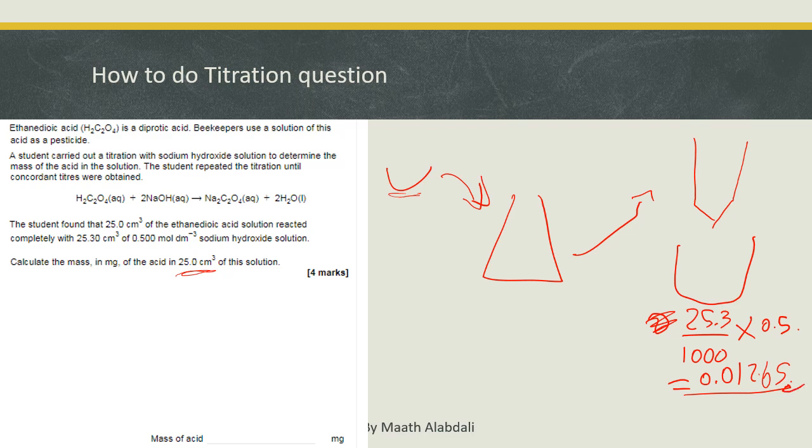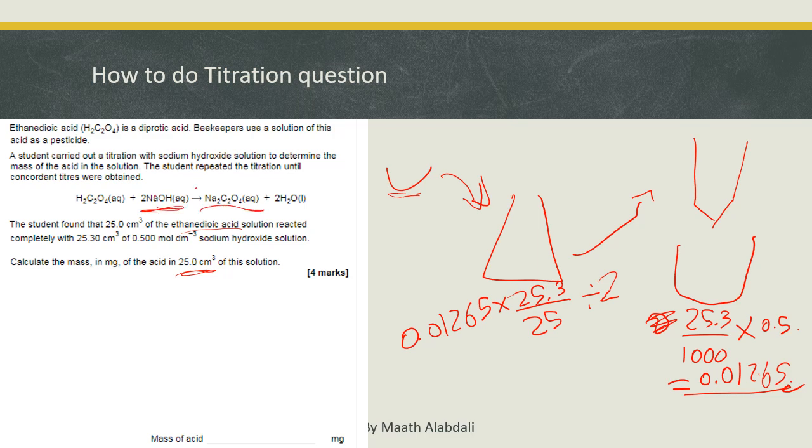And then if you want to find out the mole of ethanoic acid, you have to multiply this, 0.01265, times that by 25.3, divide that by 25, and then you have to divide that by 2, because from sodium hydroxide to ethanoic acid is divided by 2.